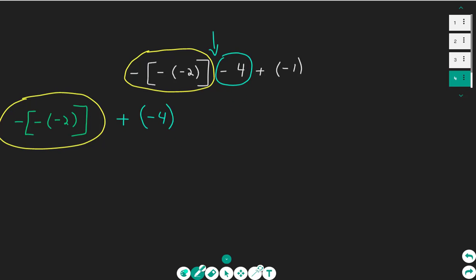And then finally, they'll say, okay, the last number in this problem is the negative 1, all right? And in this case, there is that addition sign there, so I don't need to add one. So we're going to have a plus, and then I'm going to have this negative 1. So essentially they've taken each number and placed it within its own little bubble, and between those bubbles are the plus signs.